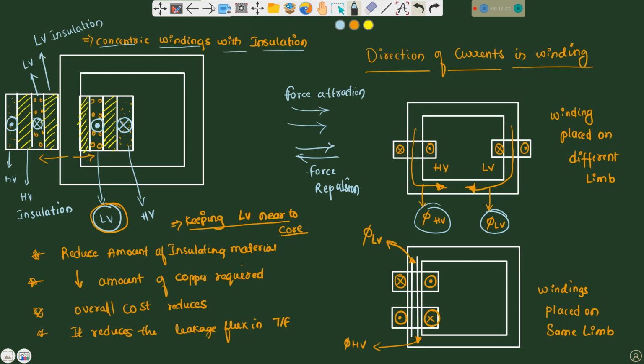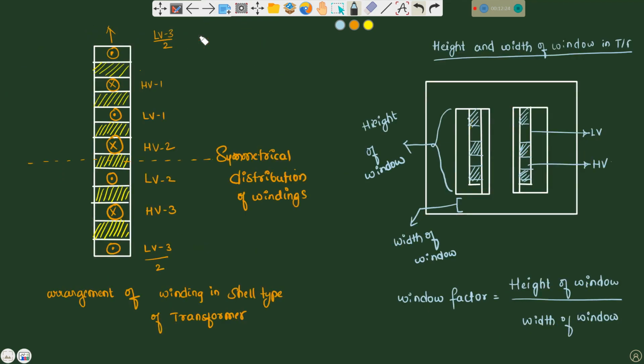Now if you talk about the shell type transformer, this is the arrangement of winding in a shell type transformer. Here you can see that all are sandwiched. Like if you take bread, you can keep any vegetables in between, it will be called a sandwich.